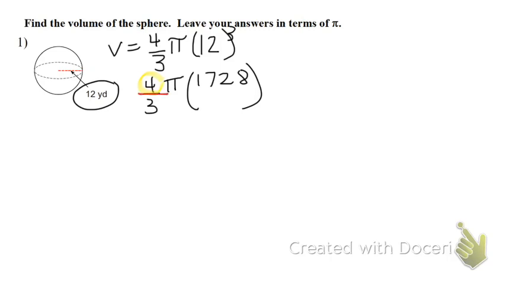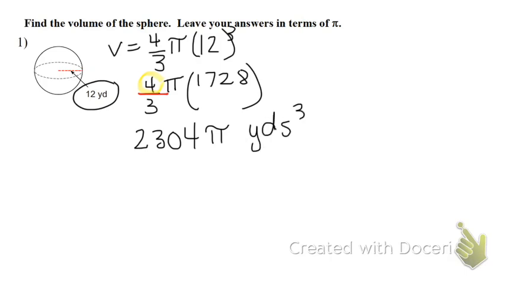So take this 1,728, multiply by the 4, and divide by the 3. So 1,728 times 4, divide by 3, and I get 2,304 pi. And it's still volume, so it's cubic yards.